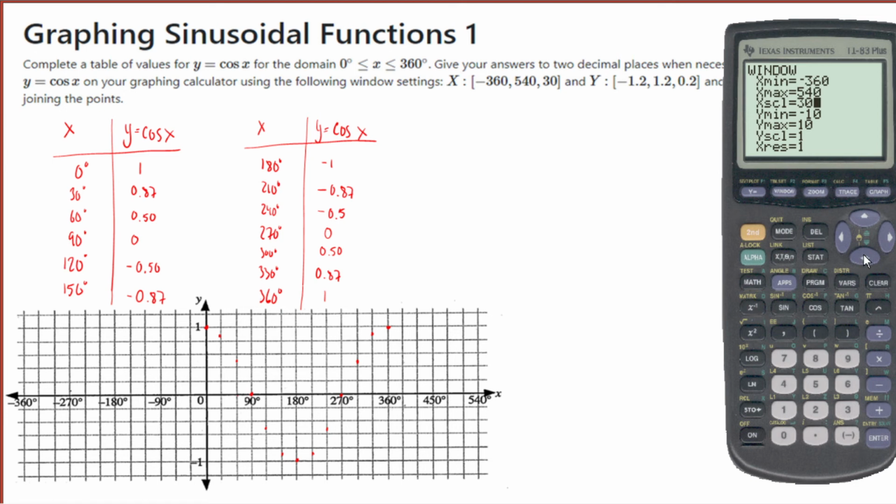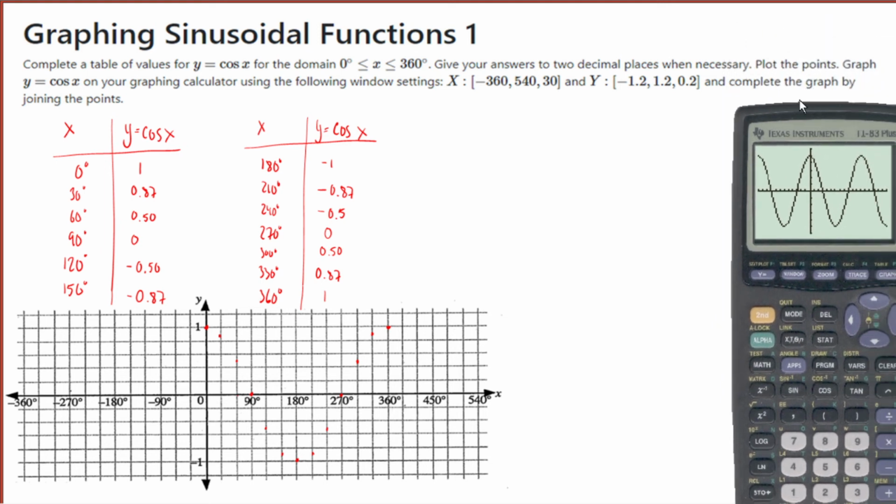And for y, we want our minimum y value to be negative 1.2, our maximum y value to be 1.2, and the scale along the y-axis to be 0.2. Now if we graph it, we can see our sinusoidal function. So we've essentially zoomed in along the y-axis.